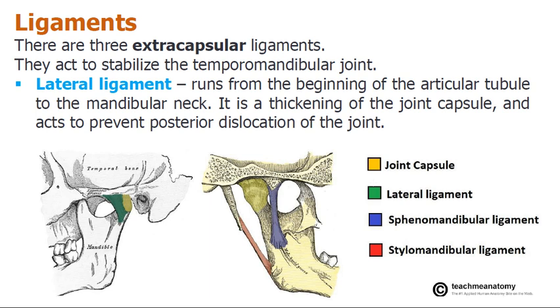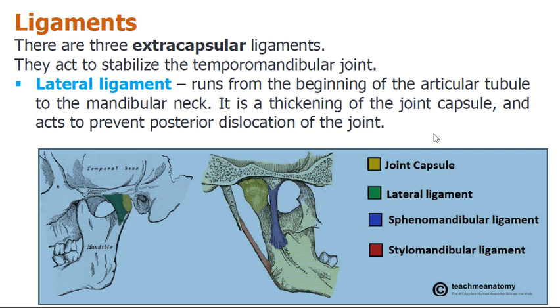The first one is the lateral ligament, in the green color here, between the articular tubercle and the mandibular neck. It is in actual fact a thickening of the lateral portion of the capsule of the T.M. joint, and this will act to prevent the posterior dislocation of the joint. So this is one of the important ligaments stabilizing the joint.